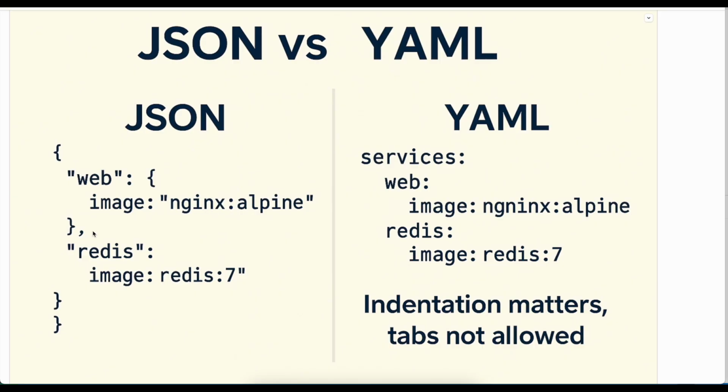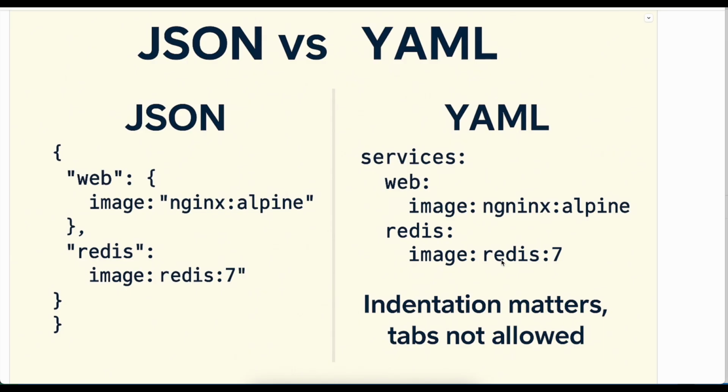Instead of brackets and commas, like JSON, YAML relies on spacing and key value pairs. Docker Compose uses YAML to define services, networks, and volumes.